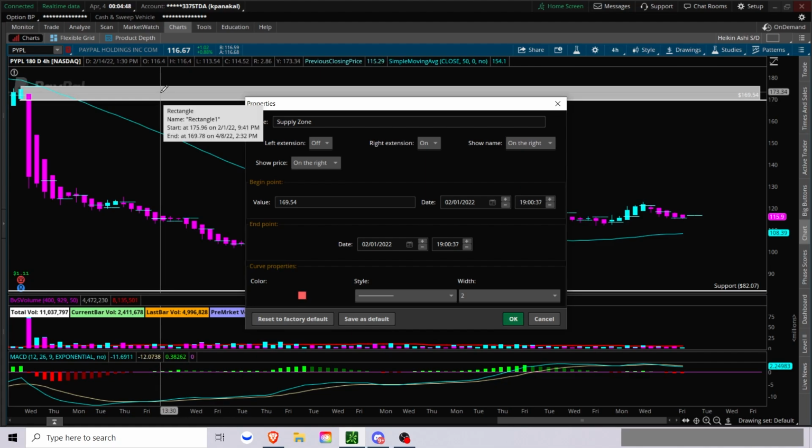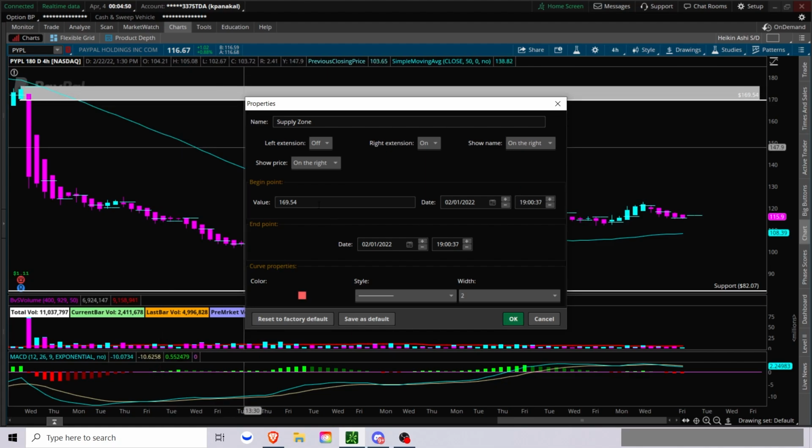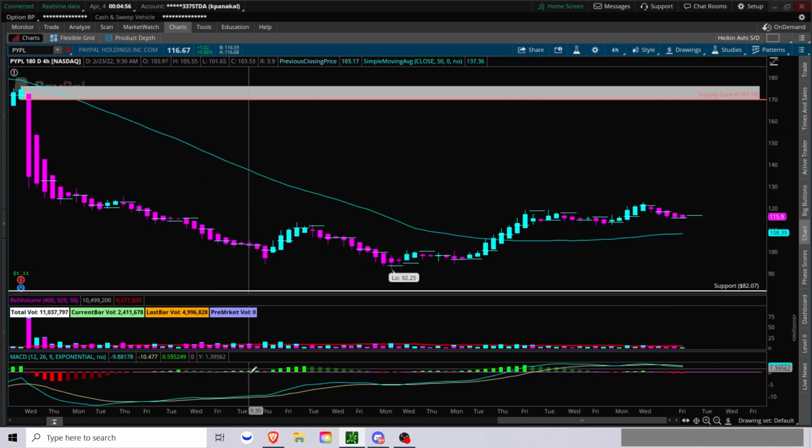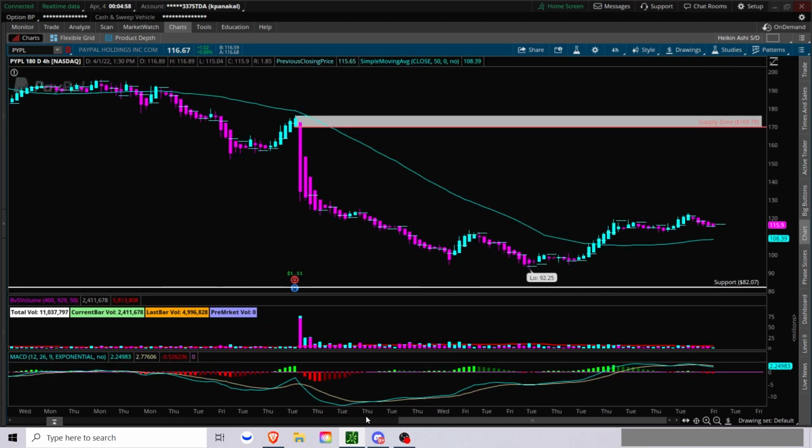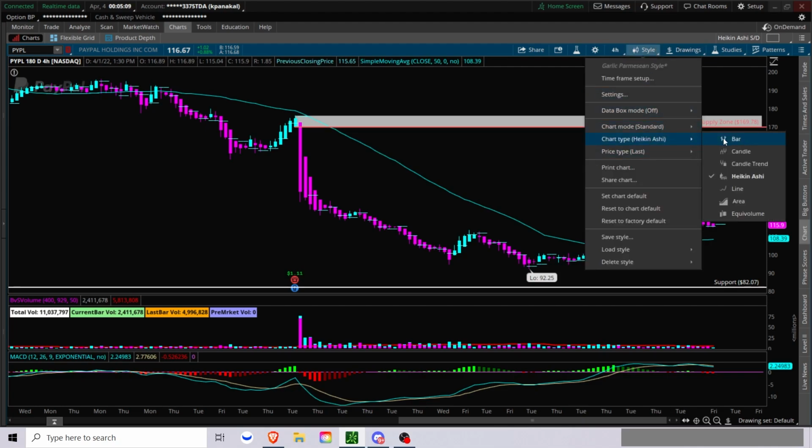It starts at 169.78. So this is a supply zone we can use, right? Obviously it's way higher than the current price, I know that, but it's important to plot down.